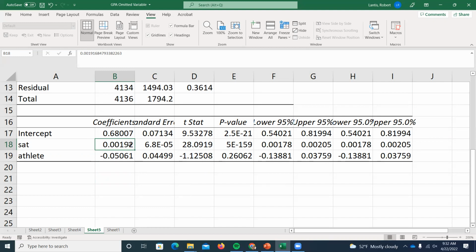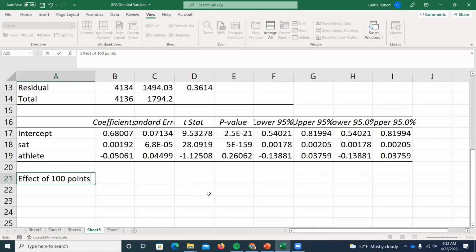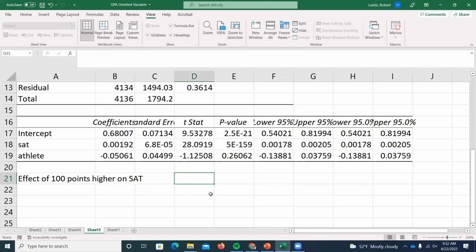Now that seems really small, but we're talking about the effect of 1 additional point on the SAT, right? So maybe I want to know the effect of 100 points higher on the SAT. Well, if this coefficient is the effect of 1 point higher, how could I get the effect of 100 points higher?